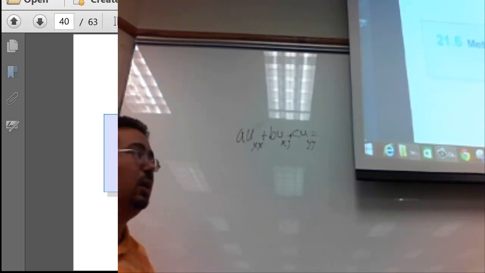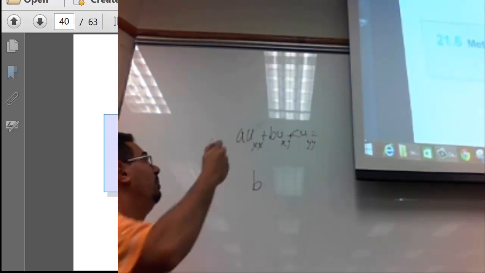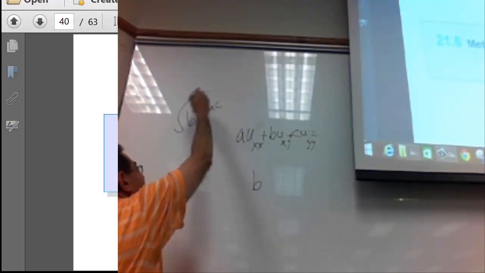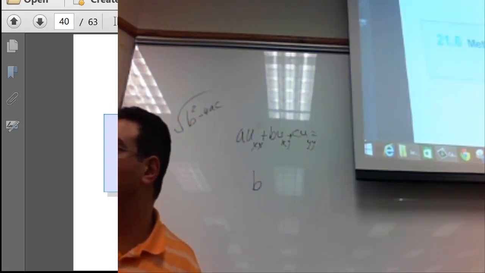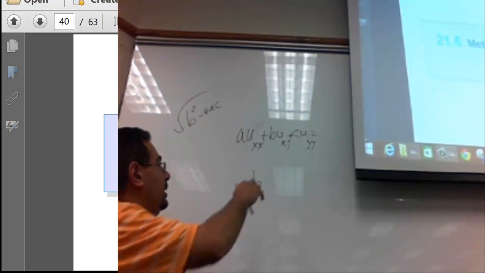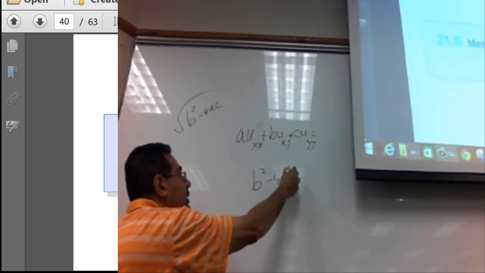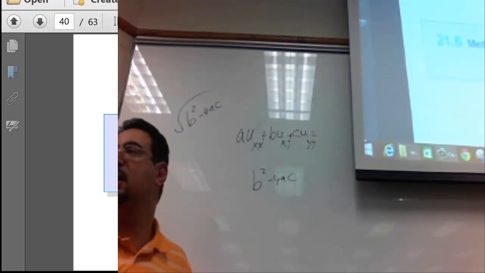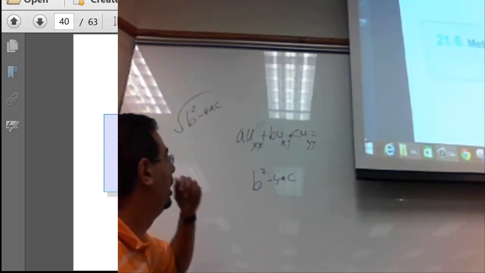It's just like a second order algebraic equation. Remember the b squared minus 4ac, and how this number determines whether we have real or imaginary solutions. Well, it's along the same line. It's also b squared minus 4ac over here, and that will determine whether it is elliptic, parabolic, or hyperbolic.